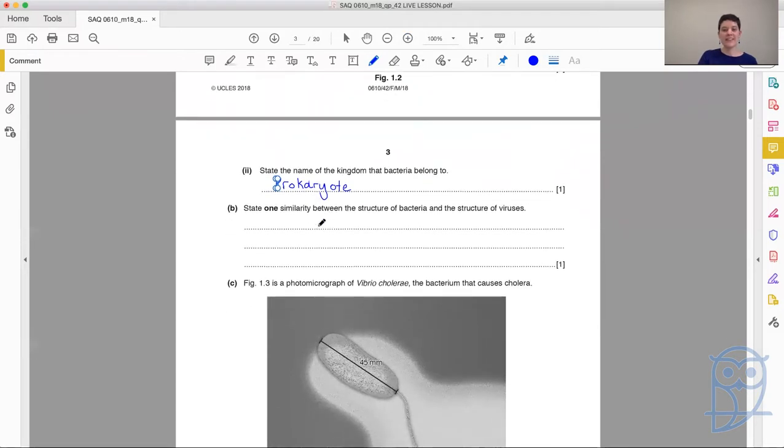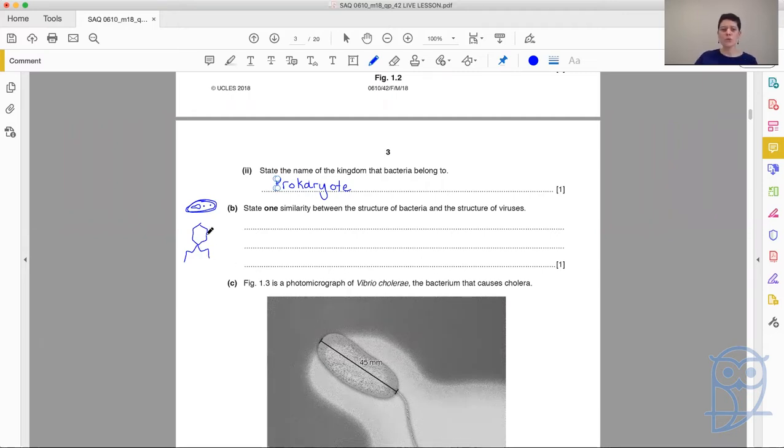Next question. Carrying on with the theme of bacteria, state one similarity between the structure of bacteria and the structure of viruses. So remember, our bacteria are a beautiful cell, it's a wall, and all sorts of bits and pieces, circular DNA going on inside them, some little tiny ribosomes, whereas our viruses are our little capsules, looking a little bit like something out of an alien movie.